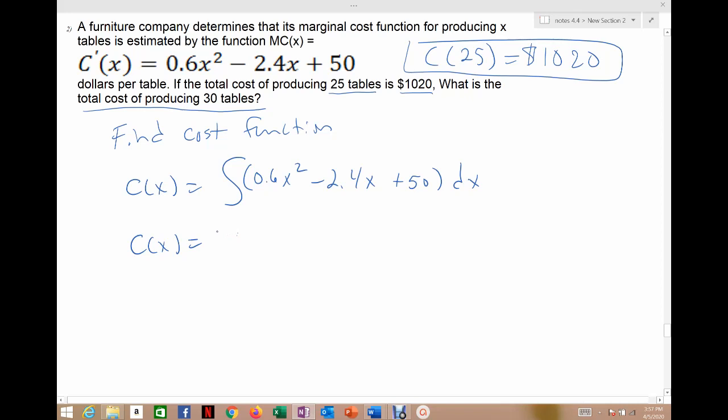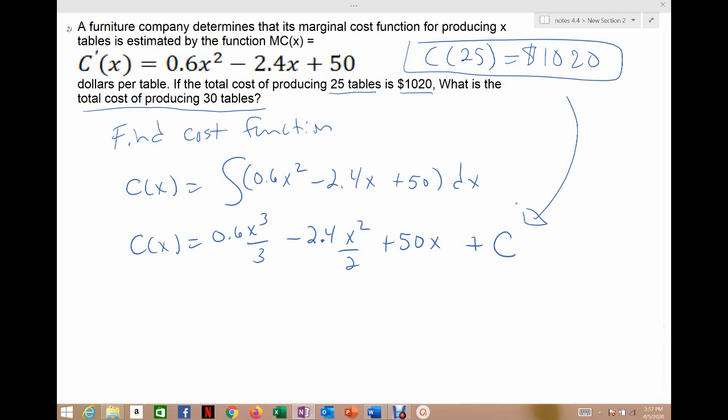So this is going to come out 0.6x cubed divided by 3 minus 2.4x to the second over 2 plus 50 times x, and then there's some unknown c, which is where this piece of information comes into play, which is why they had to tell me an initial value. When I have x items, it should cost me 1,020, and so that's what I'm going to use. When 25 goes in for x, my cost equation should equal 1,020.